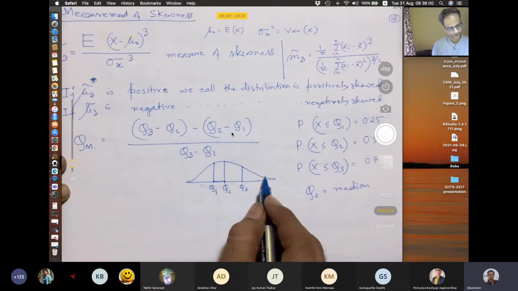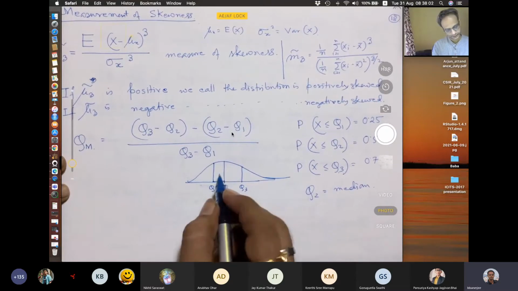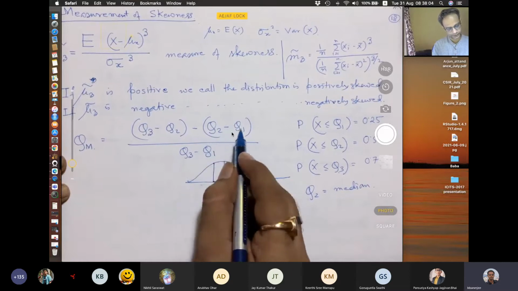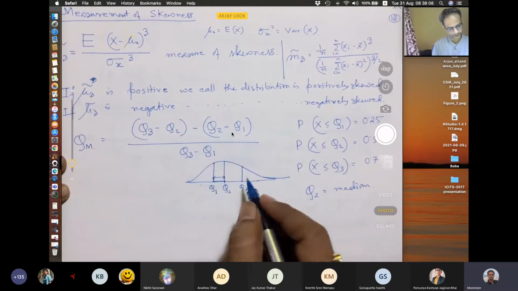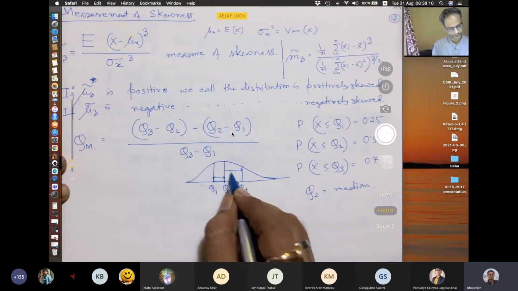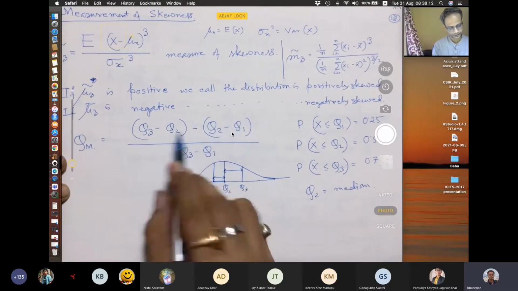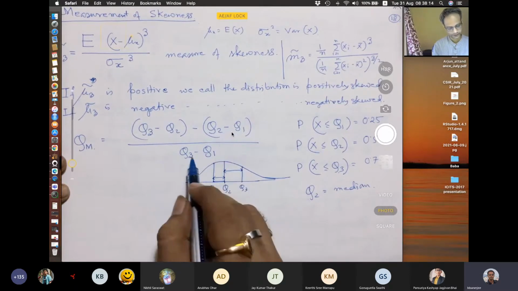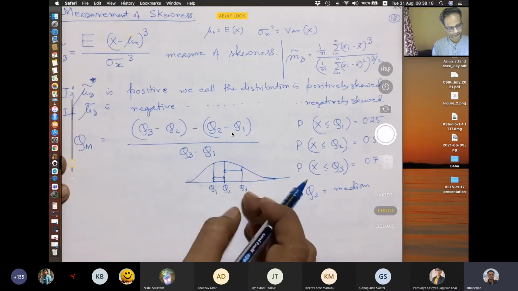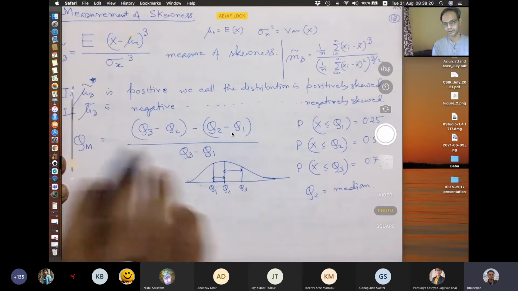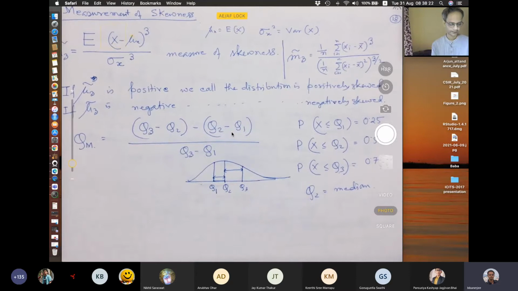If it is positively skewed, then Q2 minus Q1, this distance, will be less compared to this distance. So this quantity is supposed to be positive, divided by the entire gap between the third quartile and the first quartile to make it unique. So this is another measurement of skewness.